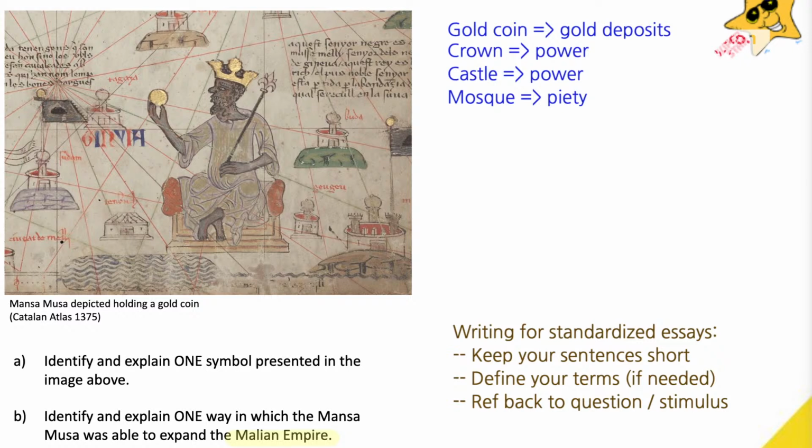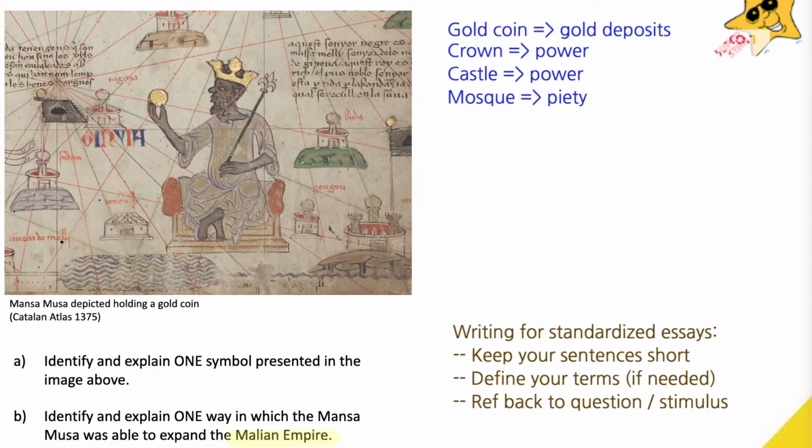Actually, his generosity was so great that when he went on a pilgrimage, he actually passed by Cairo, and he tipped the people so much with gold that they had inflation for like a decade or so. The price of gold went down compared to other things for that long after he went through. So if you know that, that's great. You're not expected to know that, but certainly he was. I mean, from your books, you would know that he was known for his generosity.